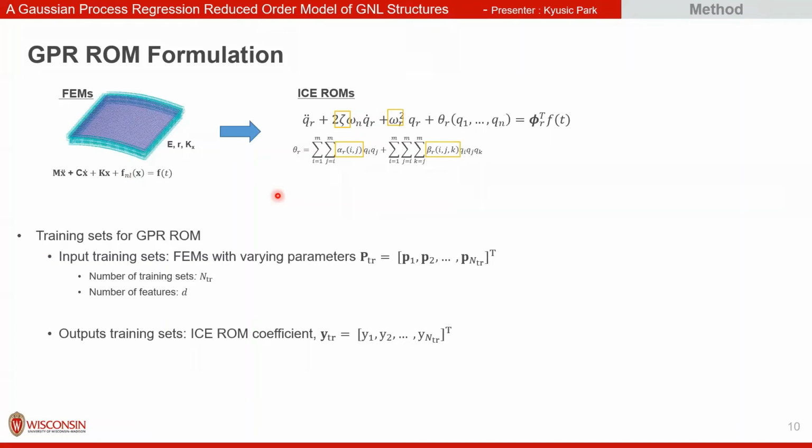So in our approach, the GPR is applied to the training sets of FEM and the corresponding ICE ROMs. The input training sets are NTR input FEMs with varying parameters, and the corresponding output sets are the sets of linear and nonlinear coefficients in the ICE ROM.